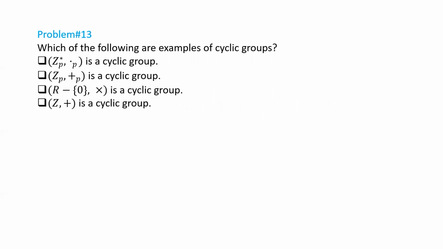basically except 0, all the elements in the group Z_P, that is 1 to P minus 1, all the P minus 1 elements except 0. Okay, so Z_P star with the dot subscript P means multiplication modulo P, which is a cyclic group.